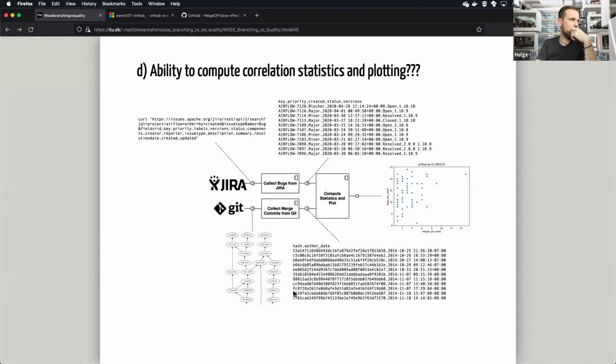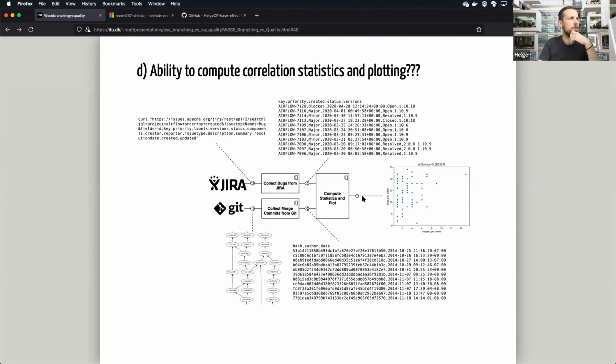The same for the version control data: we could generate a CSV file that stores commit hashes and the commit creation dates or timestamps. Again, we can use these to group how many merge commits there were per week. And actually, these are only merge commits.